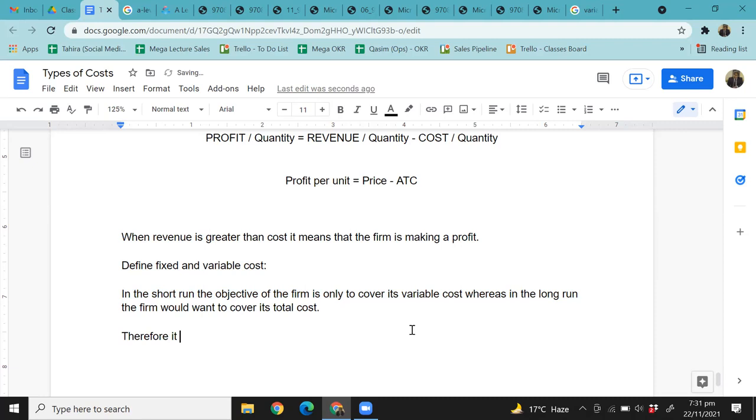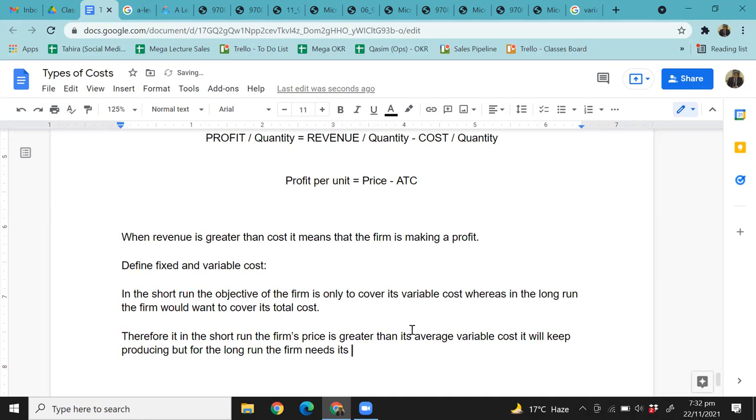Therefore, in the short run, the firm's price is greater than its average variable cost, but for the long run, the firm needs its price to be higher than average total cost to survive.